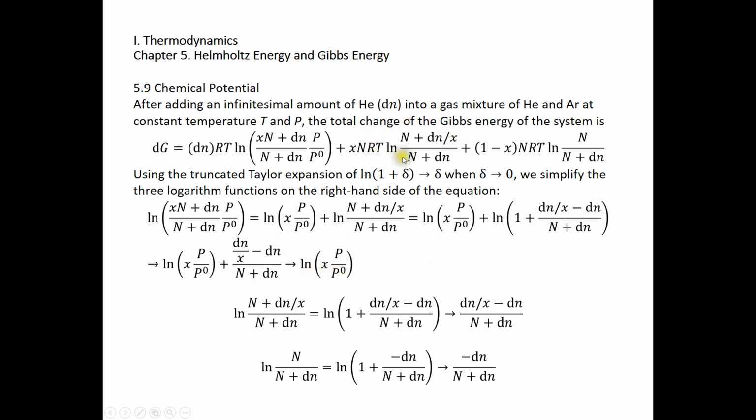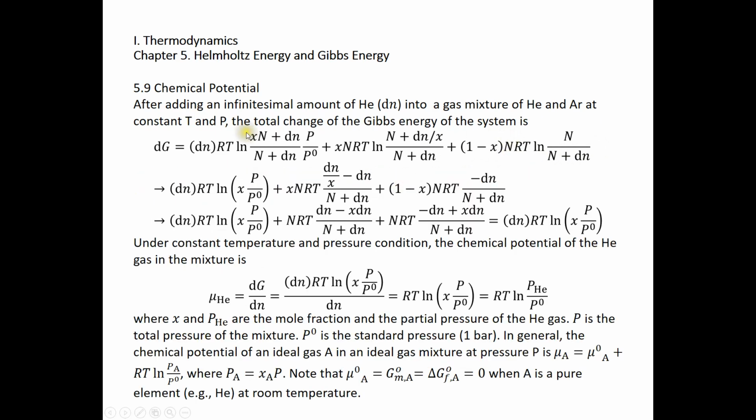And we can also simplify this natural logarithm here. It's just dn over x minus dn divided by this uppercase N plus dn. We further simplify the last logarithm over here. So again, we simplify the three logarithms using the truncated Taylor expansion of the natural logarithm of 1 plus delta.